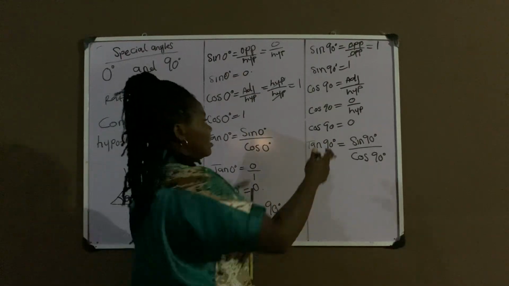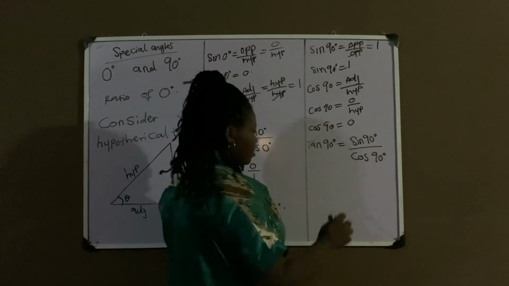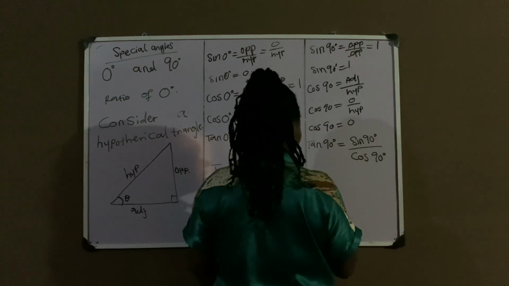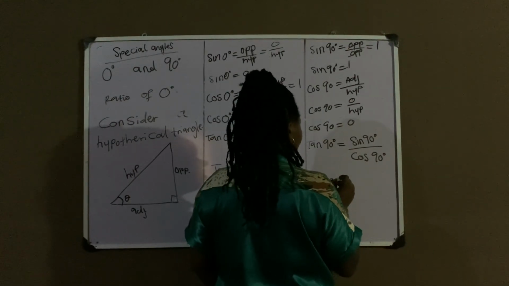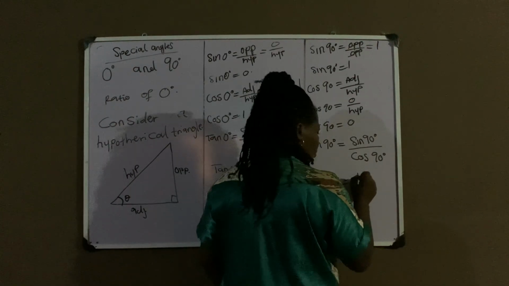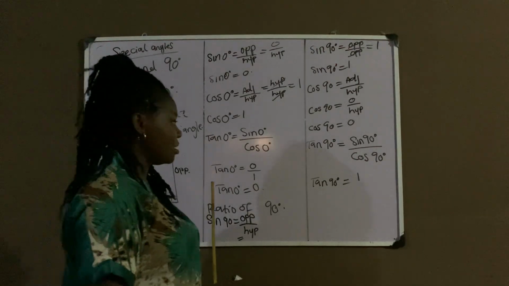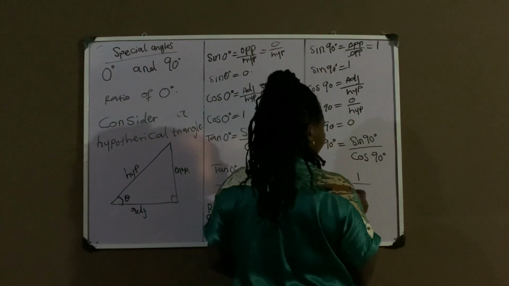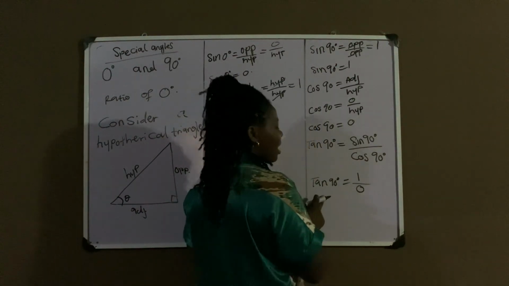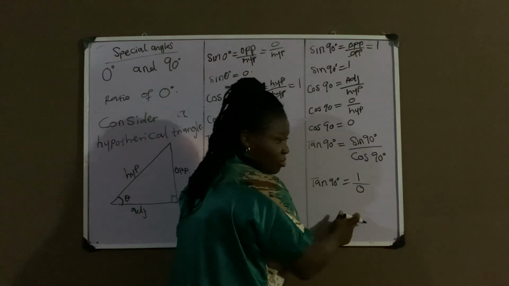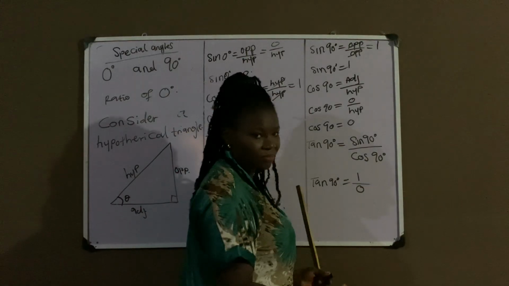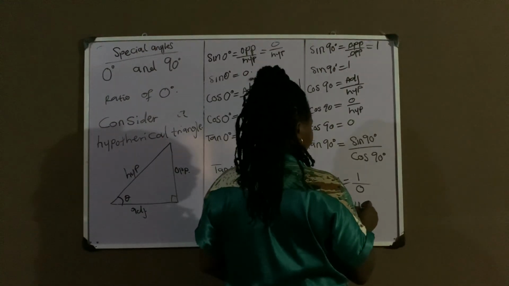We solved it out. Sine 90 degree is giving us 1. Then cos 90 degree is 0. So tan 90 degree is giving us 1 over 0, which is undefined.